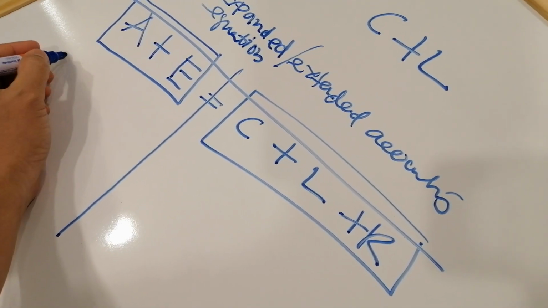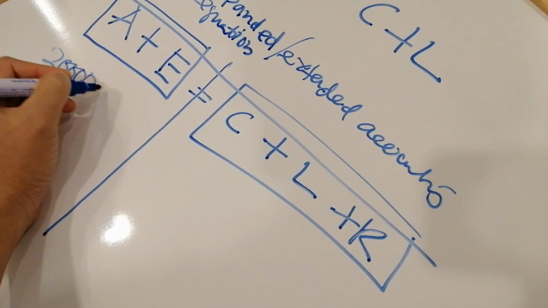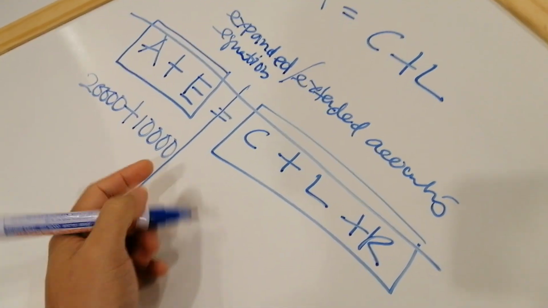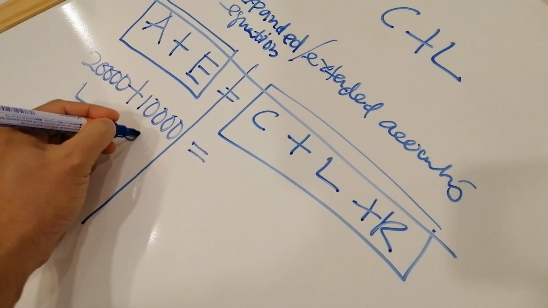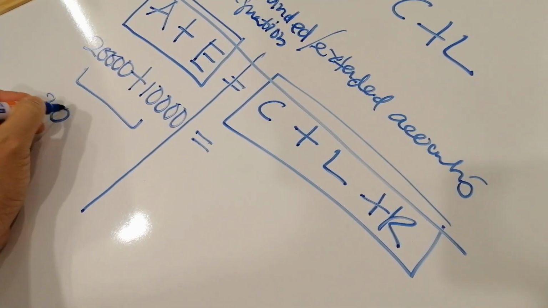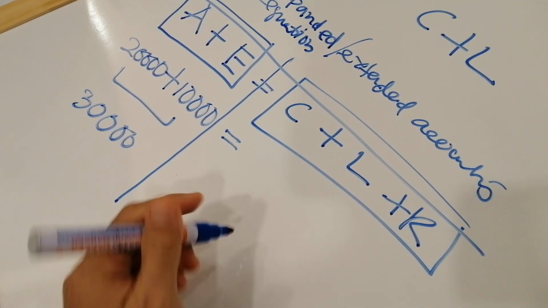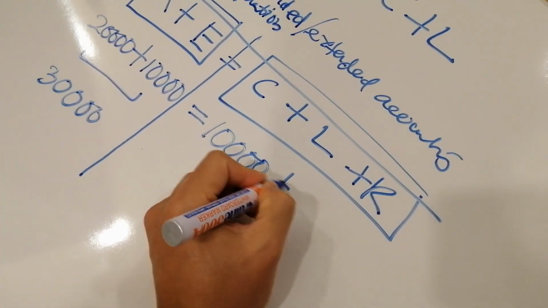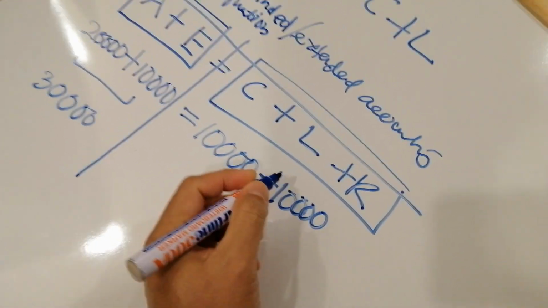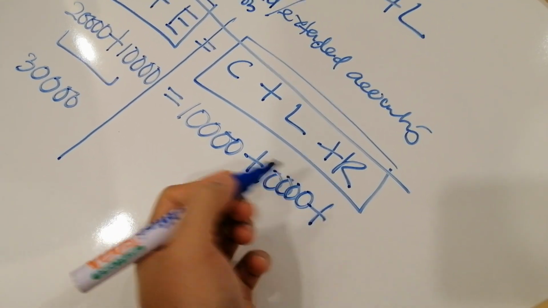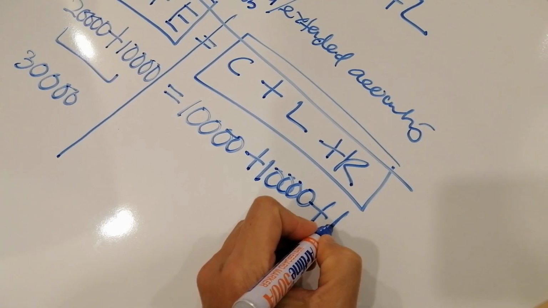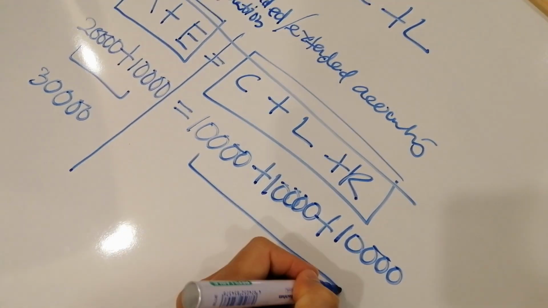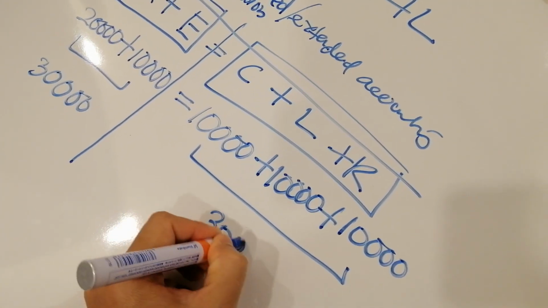If your asset is 20,000, and say your business expenses 10,000, so whatever the total of the figure here must equal 30,000. So just now our C is 10,000, plus L 10,000, and plus R, let's say 10,000. So it must be equal to 30,000.